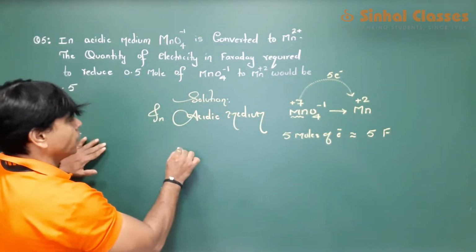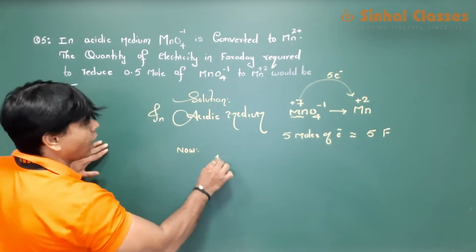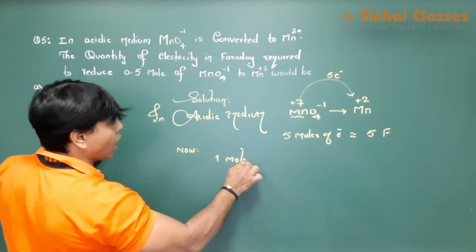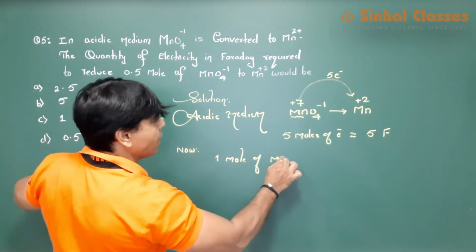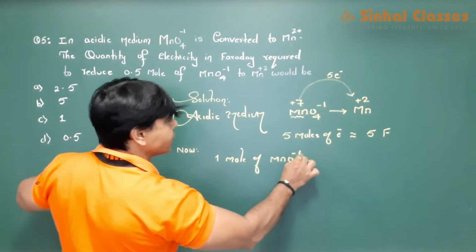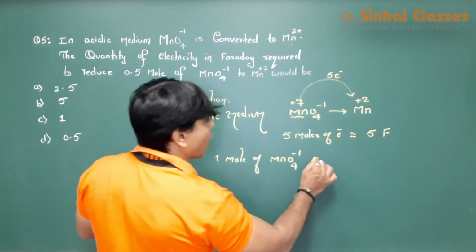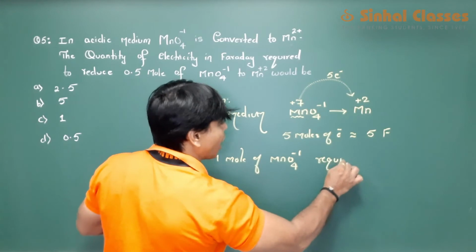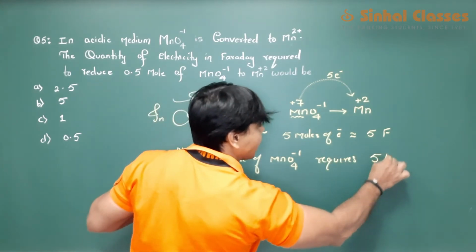Now 1 mole of MnO4 minus 1 ion requires 5 Faraday.